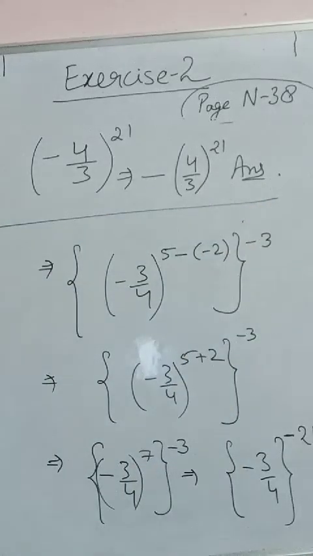Now class, you must have seen that we have attempted few of the parts till question number 3. I am going to do the last part of question number 4 also, and your task for the day would be to complete the exercise till question number 4. Okay, I want you to do all the odd parts of the given question. That means in question number 1, all the odd parts, that is first, then third, then fifth, and so on.